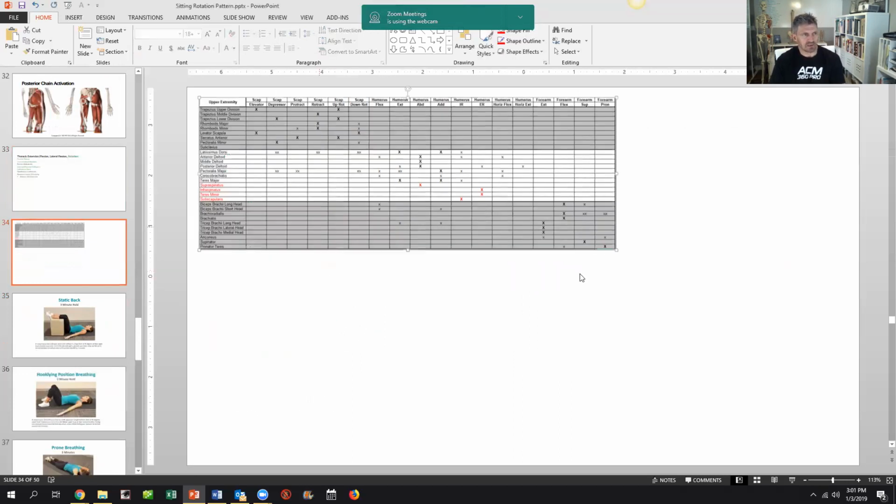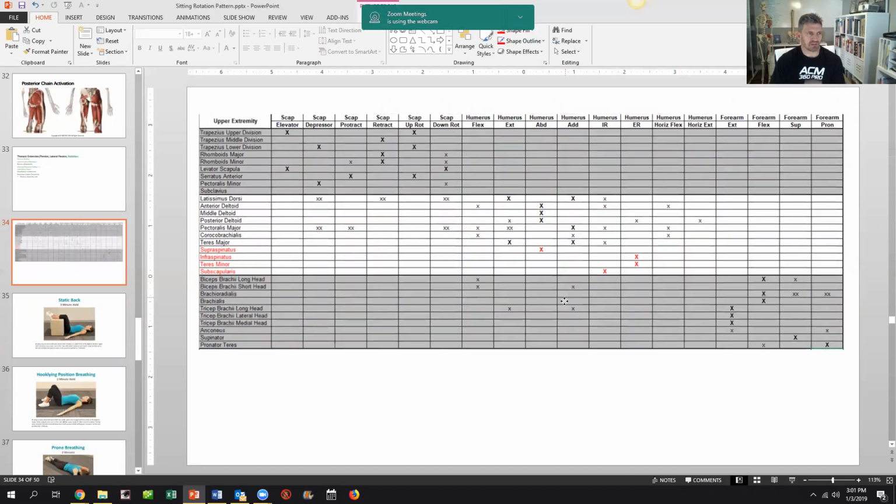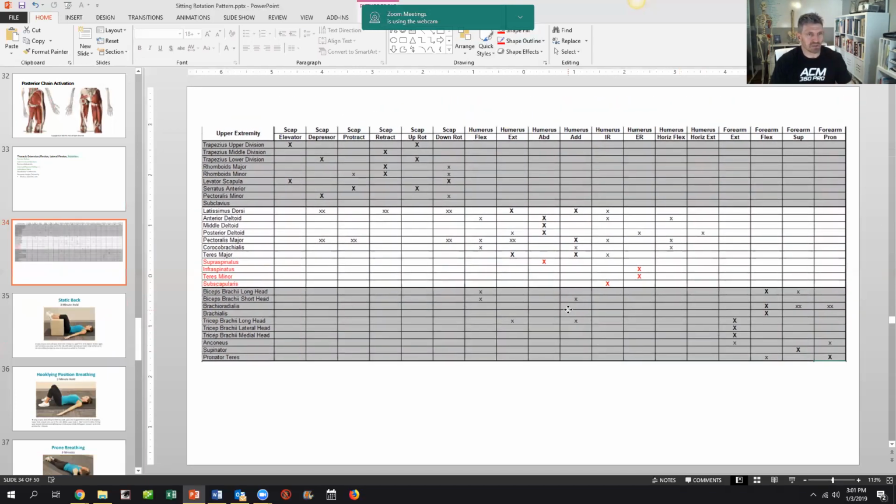And so you can see, like I did on the other patterns, I've given you a checklist of musculature, the muscles and their contributions to movement. And I do this not because I'm a fan of looking at isolation, but I'm a fan of looking at muscles' contribution to the whole pattern. This is really specific about upper extremity, the scap movement, humeral movement, and forearm.